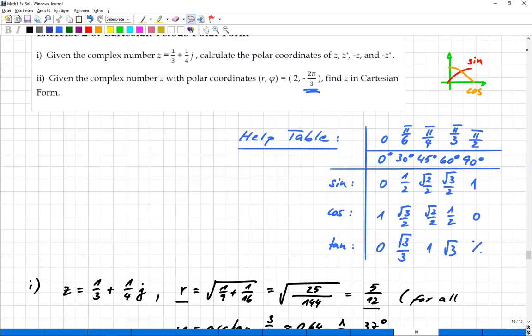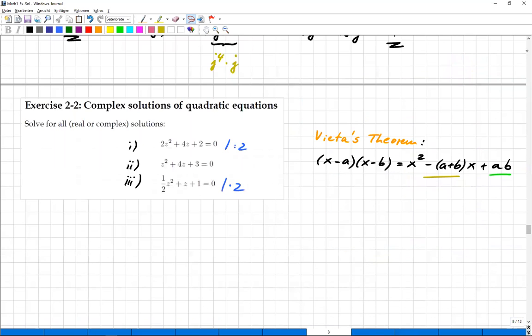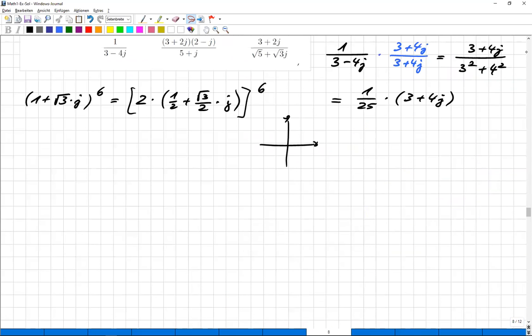That's what I was doing when I extracted the factor of 2 back to here. So I could easily see that this is nothing else but, let's do it this way, 2 times this inside here.